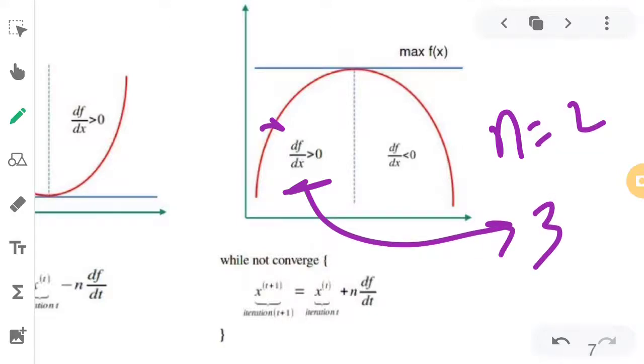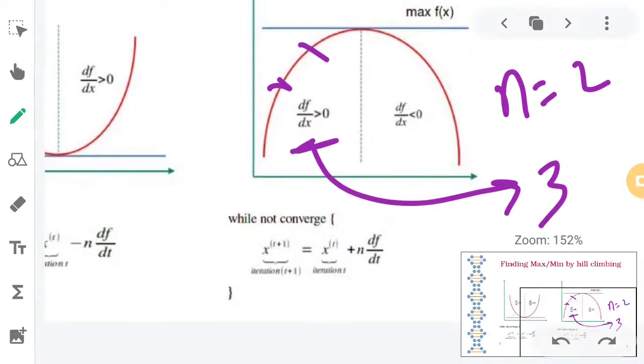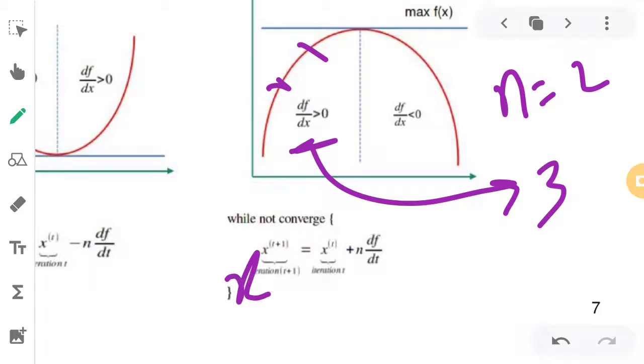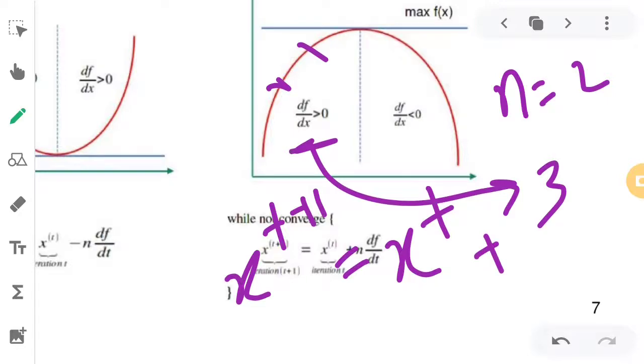So x(t+1) equals x(t) plus 6. That means it is climbing up.